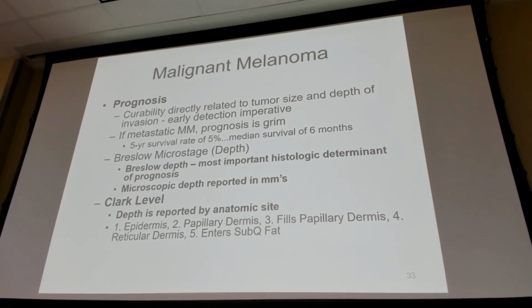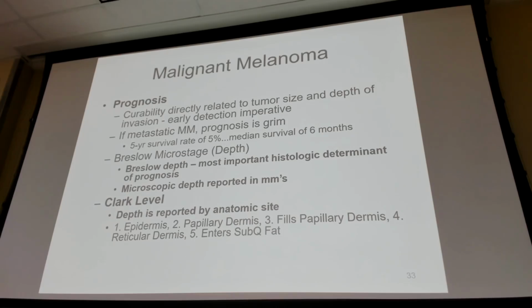We've got Breslow and we have Clark. Breslow is the most important aspect. That is a microscopic depth reported in millimeters. Okay? How far into the skin is it going?